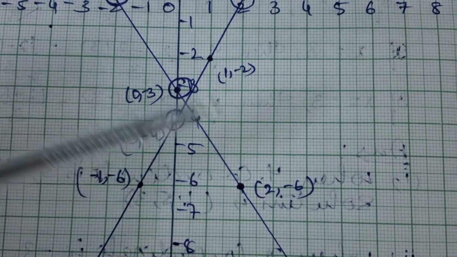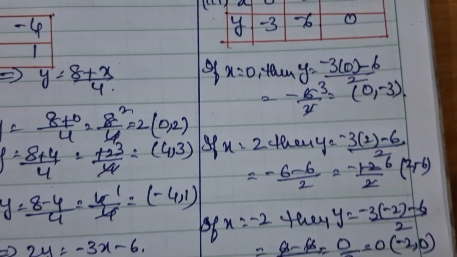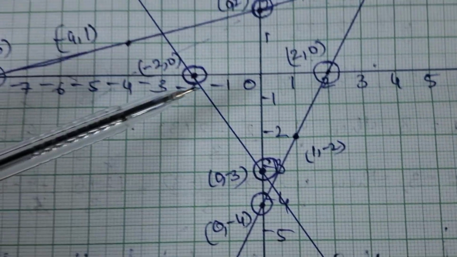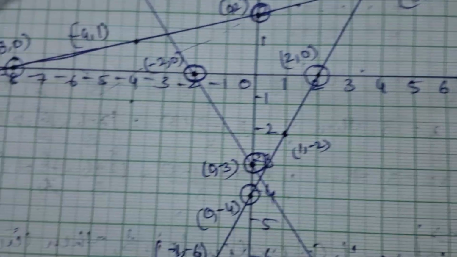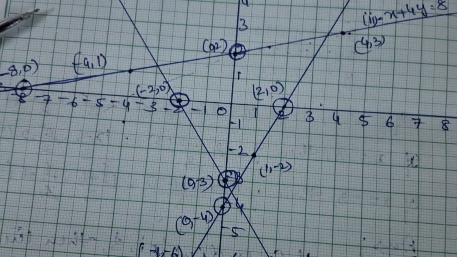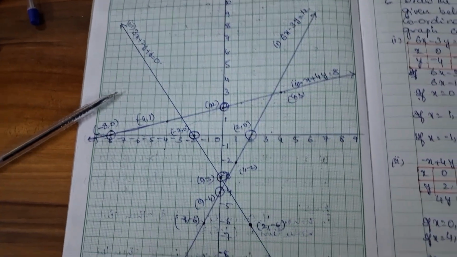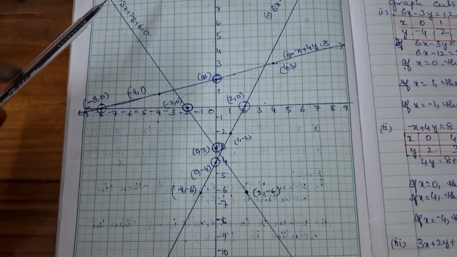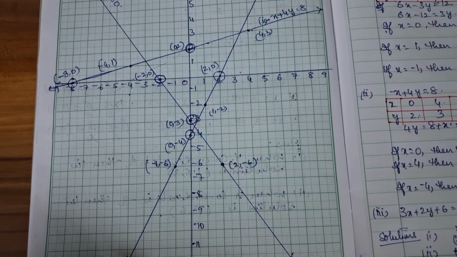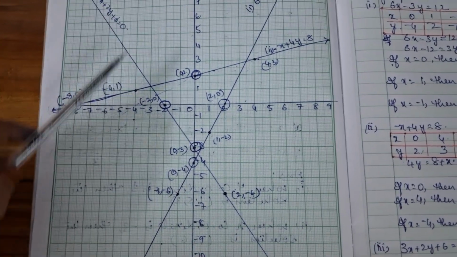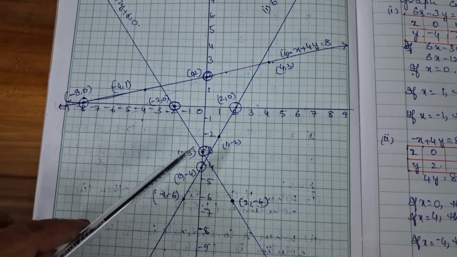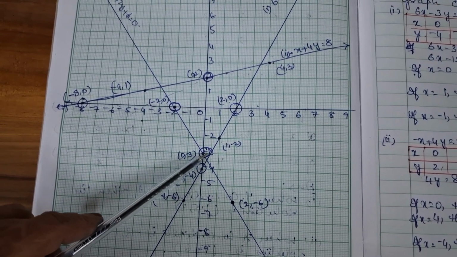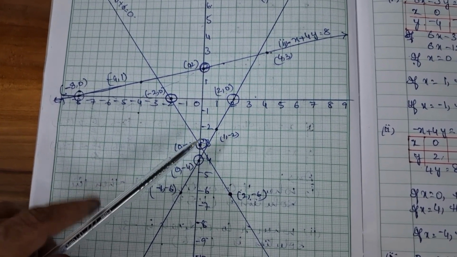And the next one is minus 2 comma 0, so on the x-axis minus 2 and y is 0. So this is the straight line that I have got for the third one, children. This line is intersecting the x-axis at minus 2 comma 0 and the y-axis at 0 comma minus 3.